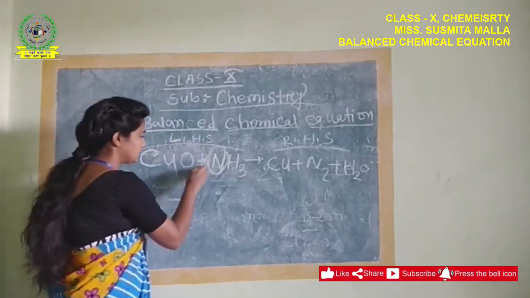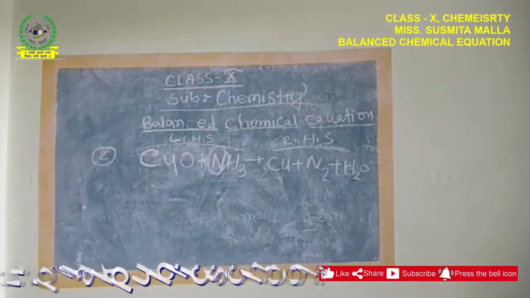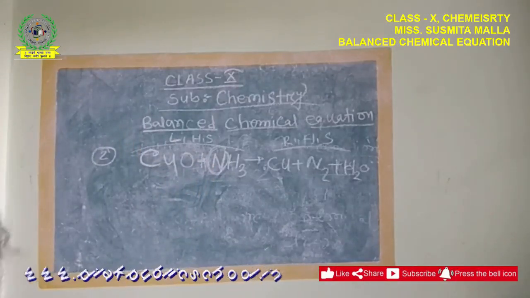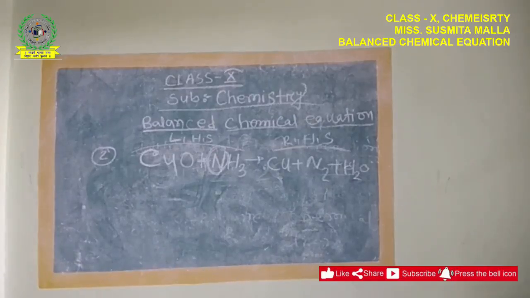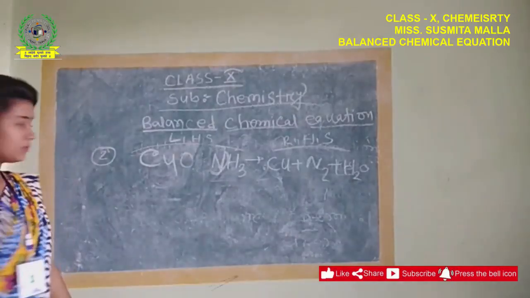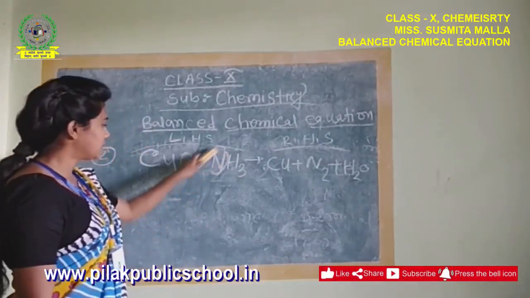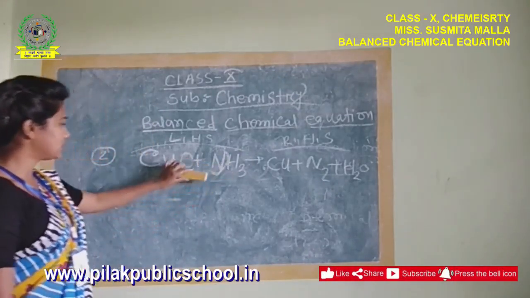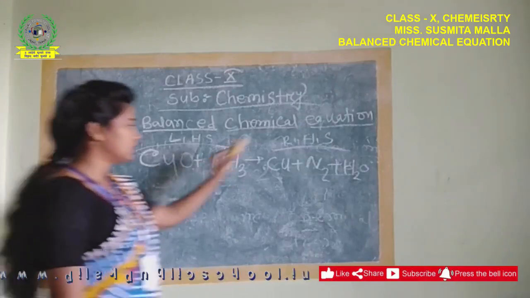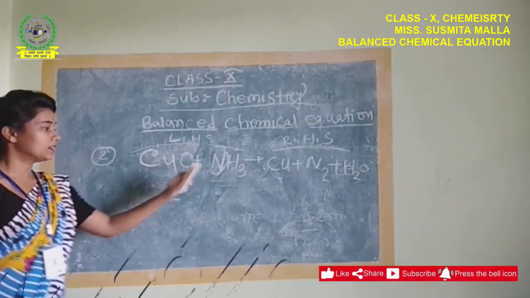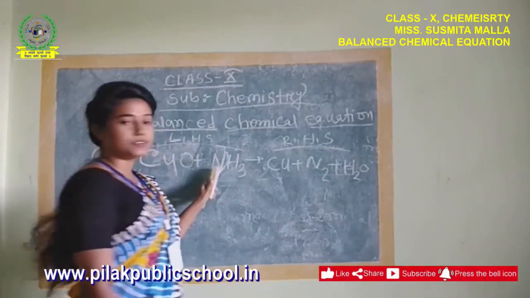So we see the non-metal element, that is nitrogen. Left hand side there is 1 molecule of nitrogen. In the right hand side there are 2 molecules of nitrogen. So we balance nitrogen in the left hand side.